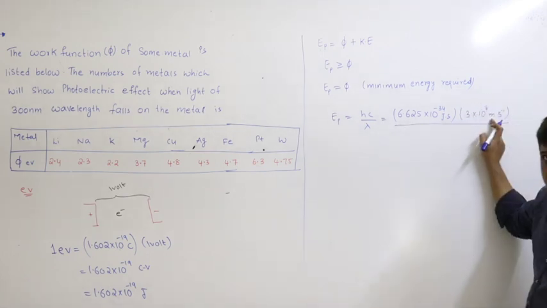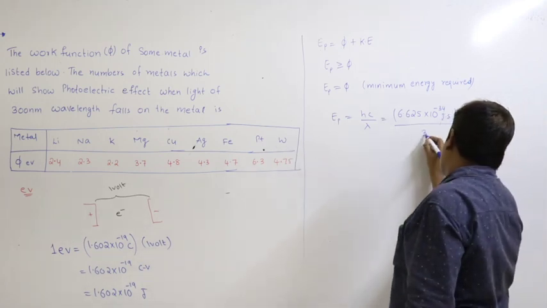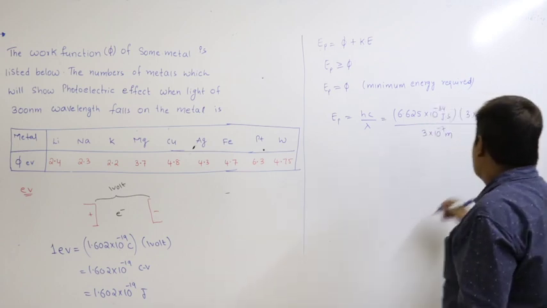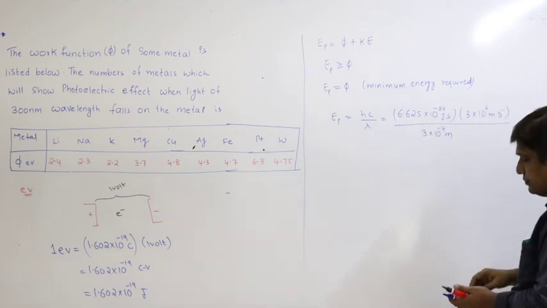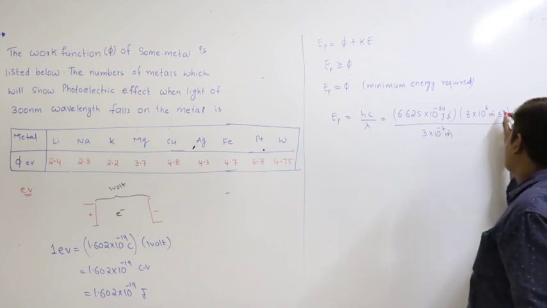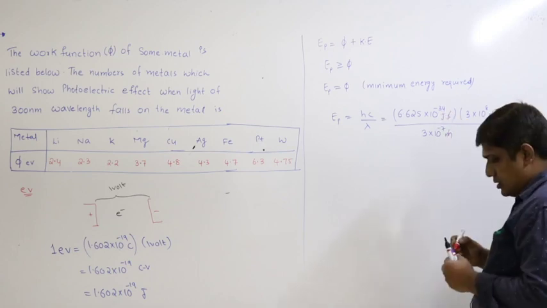Now lambda must be substituted in meters. 300 nanometers is nothing but 3 into 10 power minus 7 meters. So you will get the answer in which units? Meter, meter, second, second inverse. So the leftover unit is joules. You will get the answer in joules.